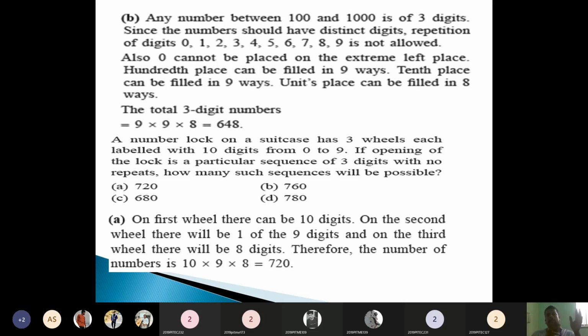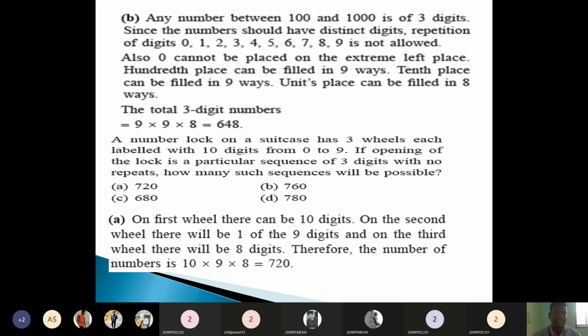Next, one number will be in the leftmost. Next, the middle number has the remaining 9 numbers. That's why it is 10 into 9 into, for the rightmost number, 8. So there are 10 into 9 into 8 different ways they can be arranged without repetition.